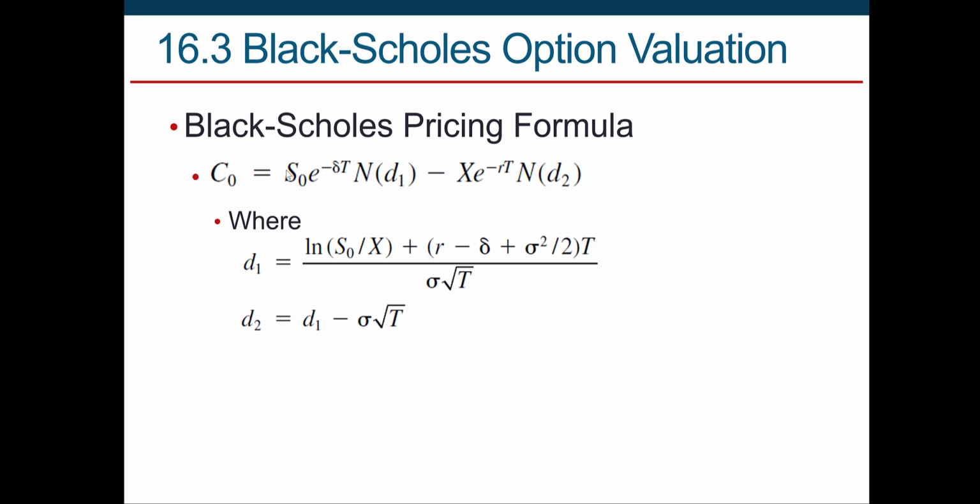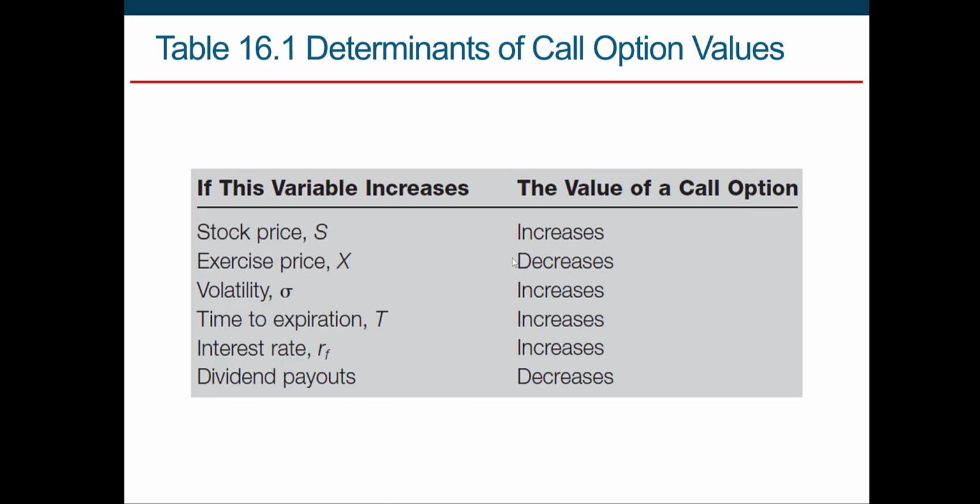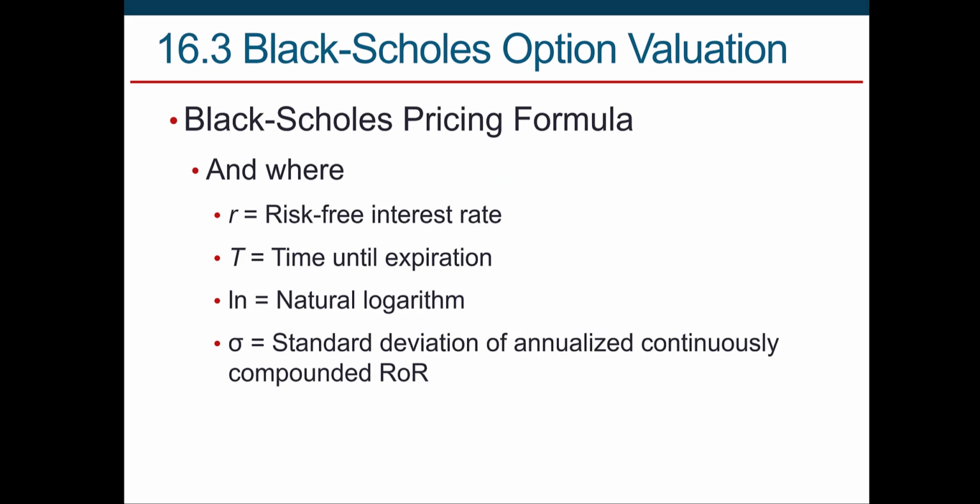So those 6 factors together are included in this relationship, and together they determine the price of the option, giving rise to this famous Black-Scholes option pricing formula. So you're not responsible for this Black-Scholes formula or any calculations related to that, so you can skip over a couple of these slides here.